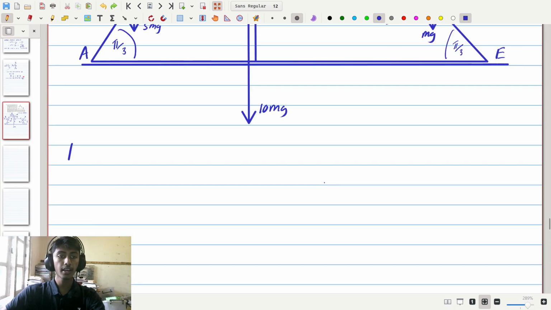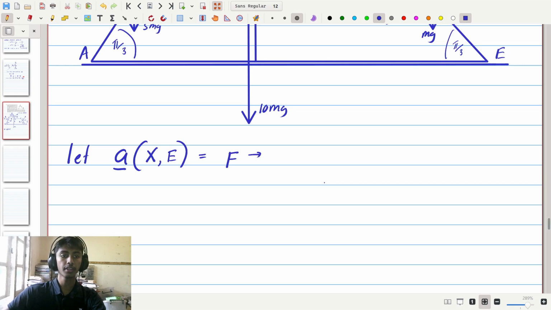Let the acceleration of the block X relative to the earth be equal to f in this direction. Let the acceleration of P relative to X be equal to F1 in this direction.